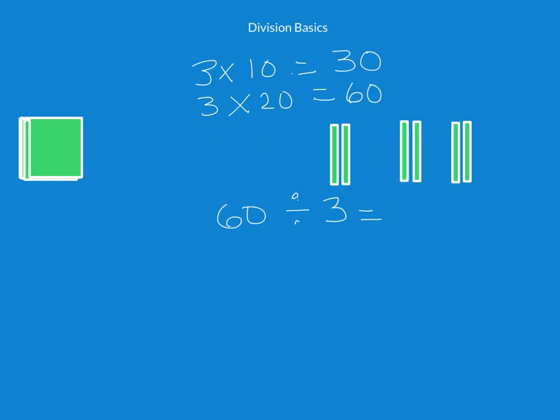So that puts 20 in each group. So that's why 60 divided by 3 is 2 tens, or 20.